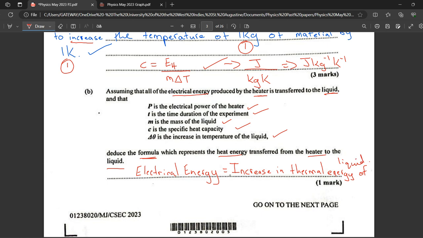I thought I would have fit in one line here. But anyway, so electrical energy is equal to increase in thermal energy, which means heat energy of the liquid. Increase in thermal energy of the liquid, right?